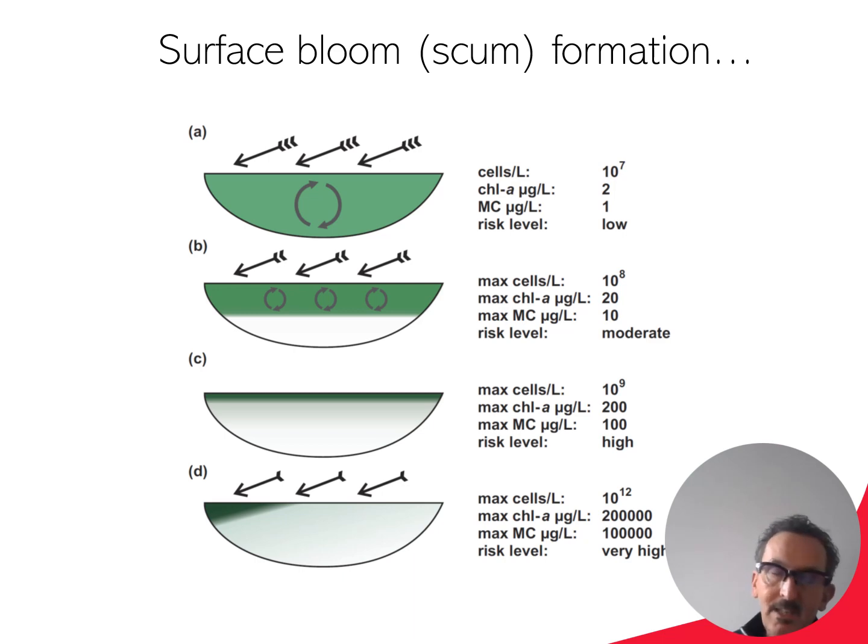And then in D, the secondary concentration, the horizontal concentration by a light wind, then you get to extreme levels up to maybe 10 to the 12 cells per liter, and microcystin levels up to very high concentrations, up to almost milligrams, and of course a very high risk level. So that's, at least for recreation, panel D is the highest risk scenario you could imagine.